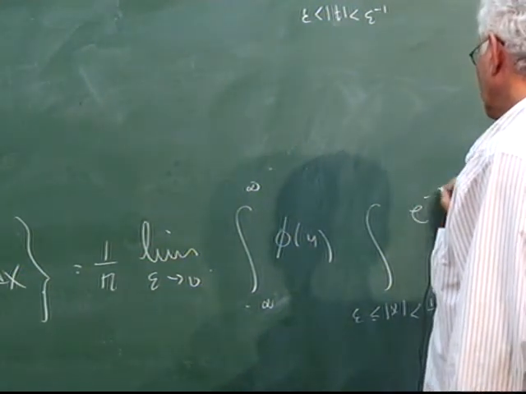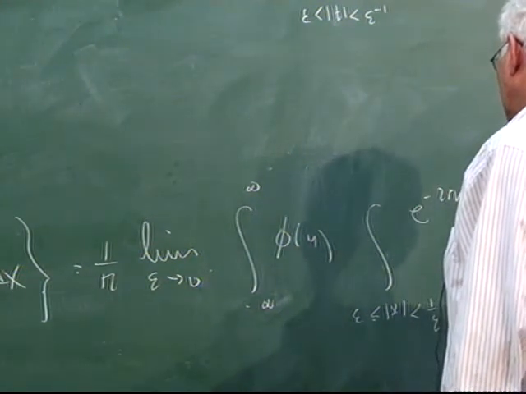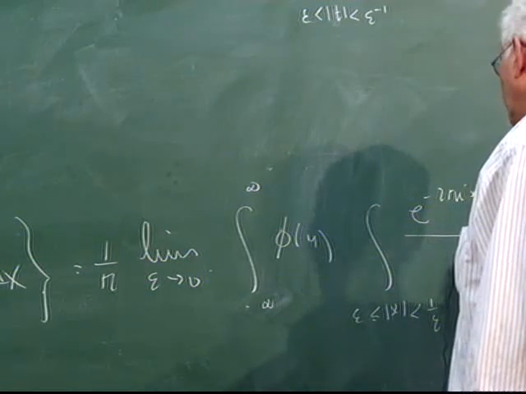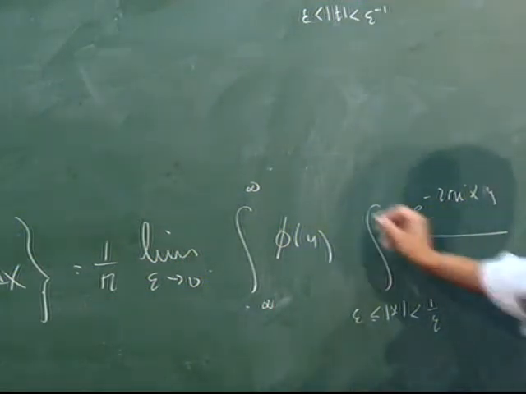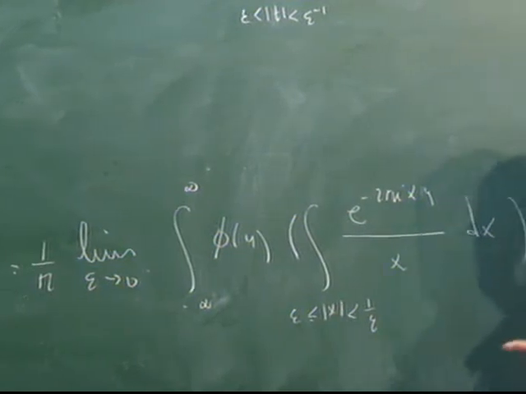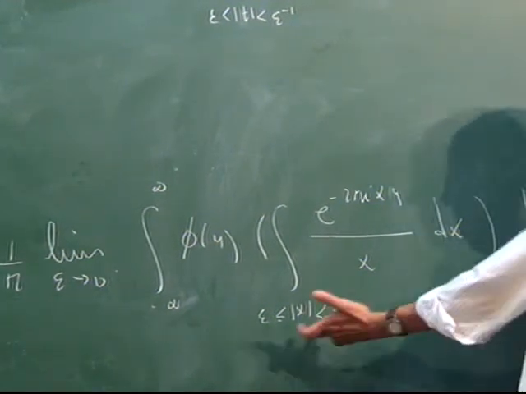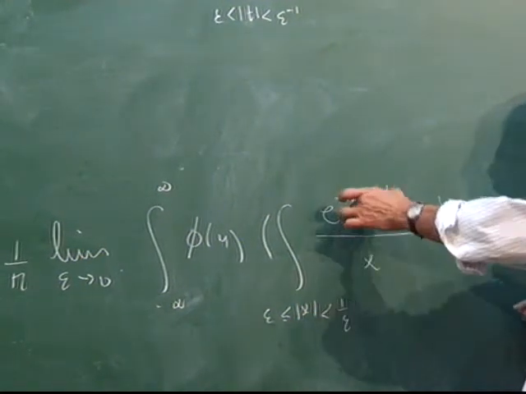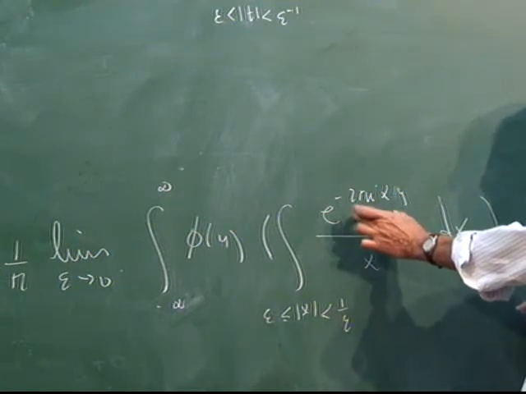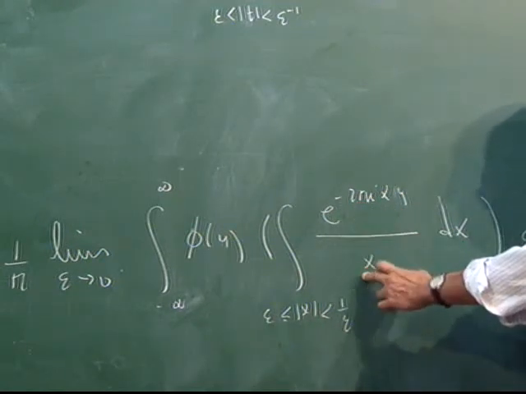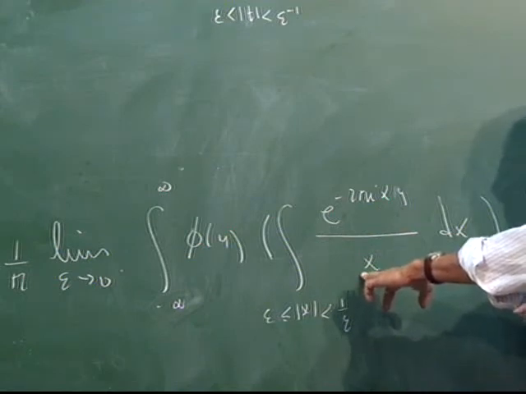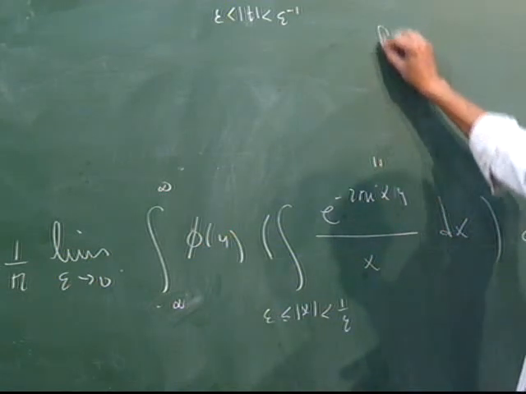Then you have exponential of 2 pi i x y over x dx, and then dy. Then you are integrating in a symmetric interval. These have a cosine part and a sine part. The cosine is even, then with the x, gives you odd, cancel. Therefore, this integral is just this.